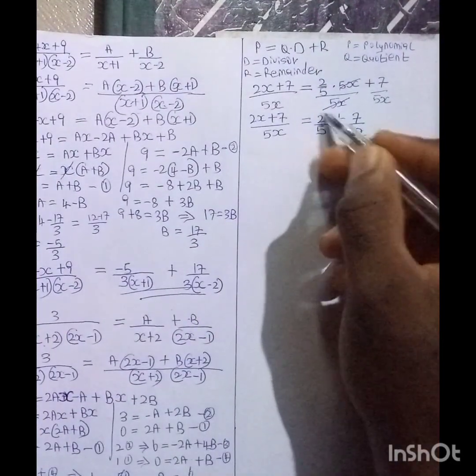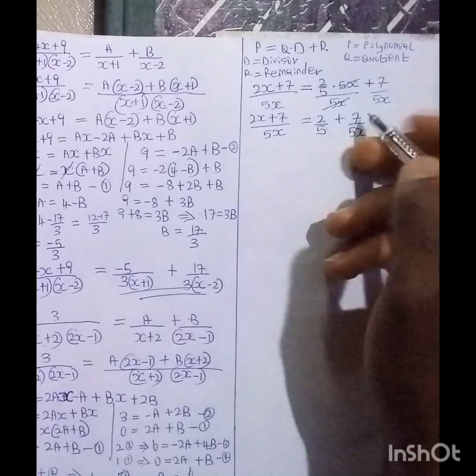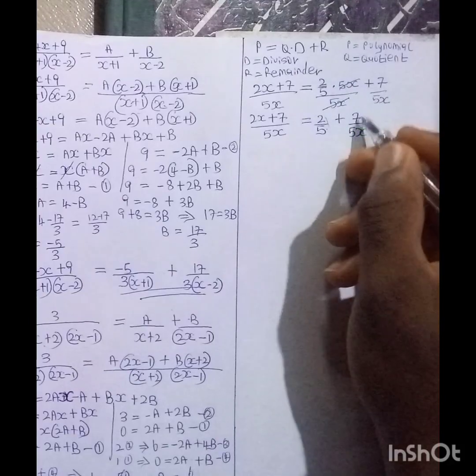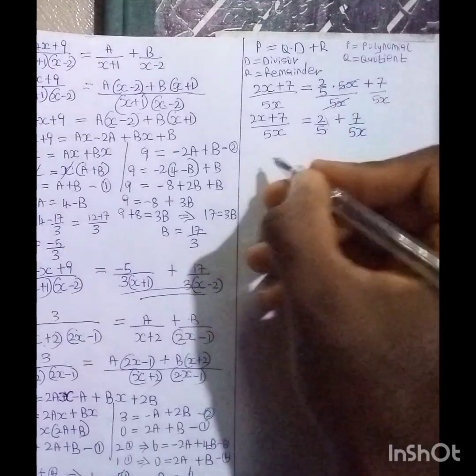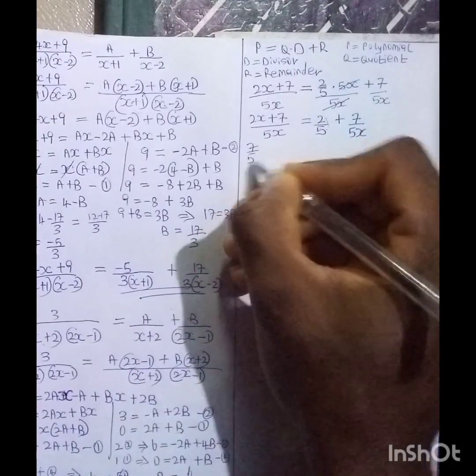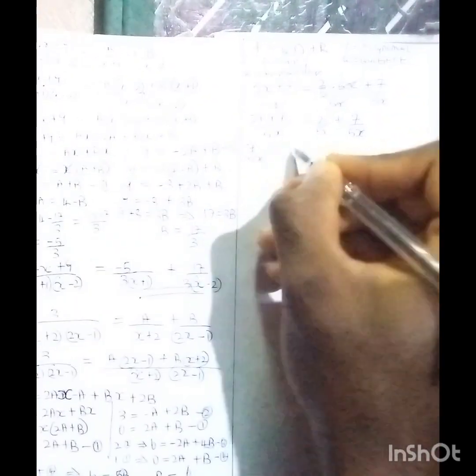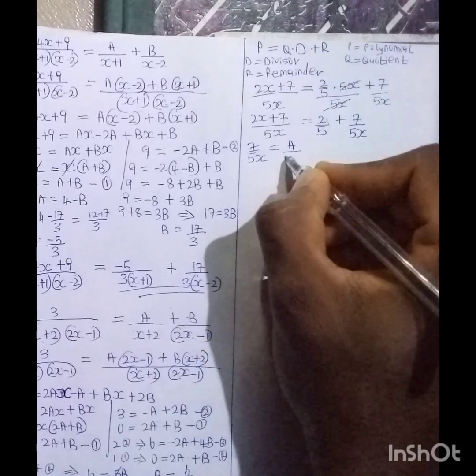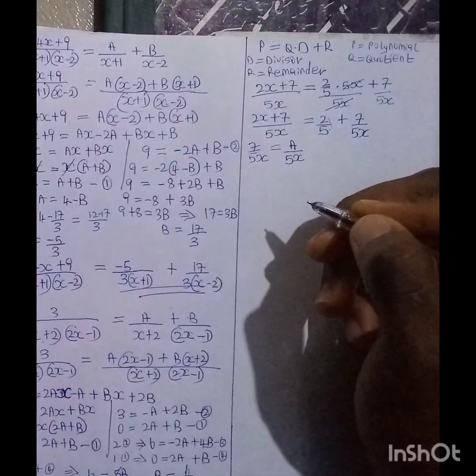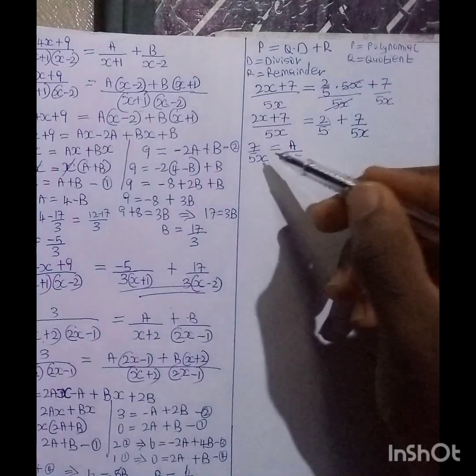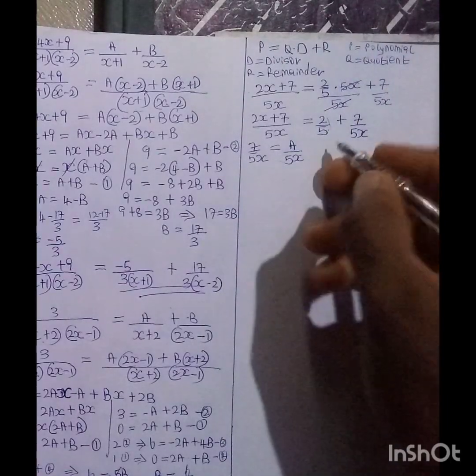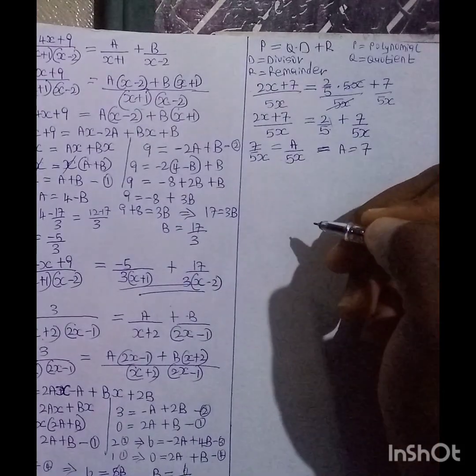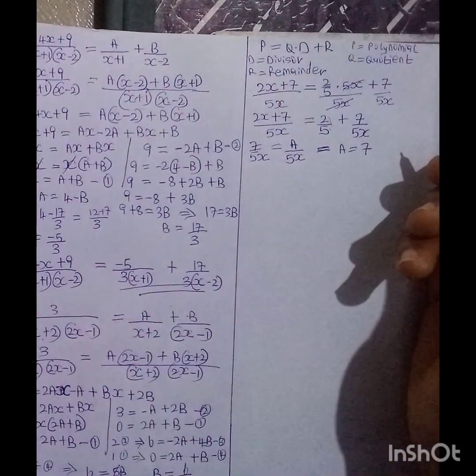Because we don't have anything attached to x, we leave this one, we work on this one. So we have that 7 over 5x is equal to A over 5x. So this red line means that A is equal to 7. That's what it means.